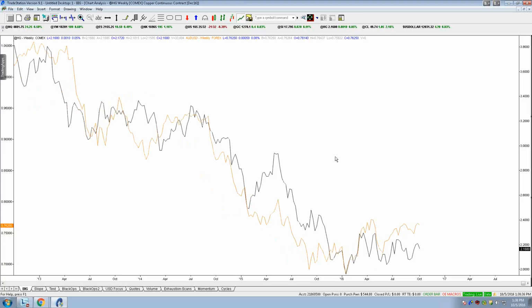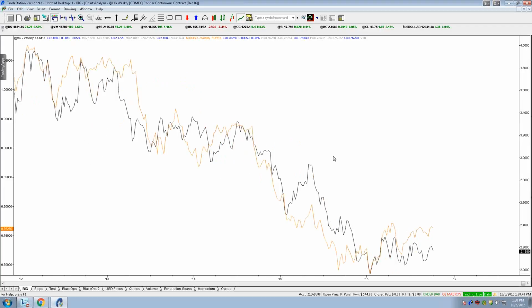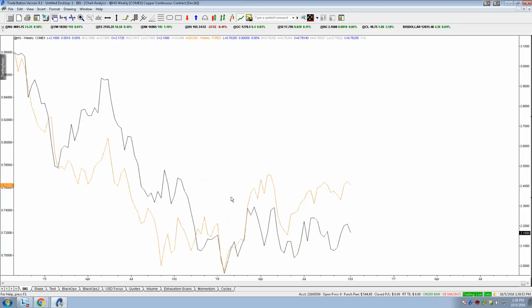In fact, the times that they don't move together are the times when you get the most information. It's like the dollar index and euro to an extent, when you have a divergence or a non-confirmation. Now, in the case with copper right now and Aussie, they both have been basing. We have not seen one break out and one hold lower.